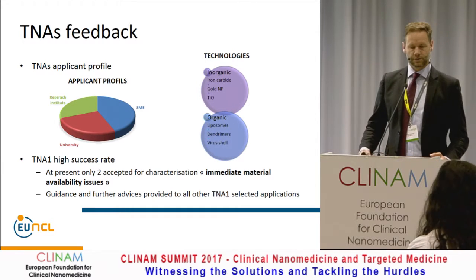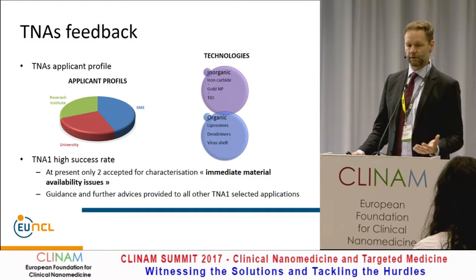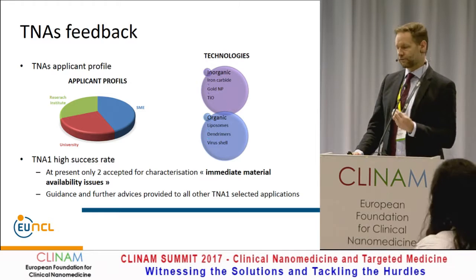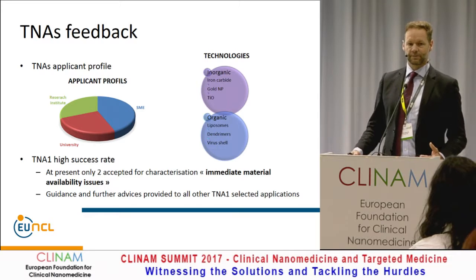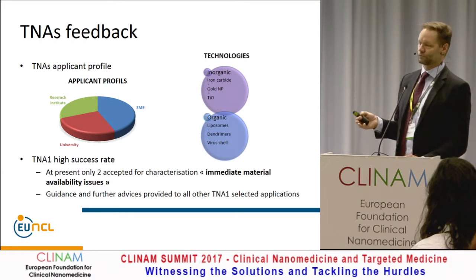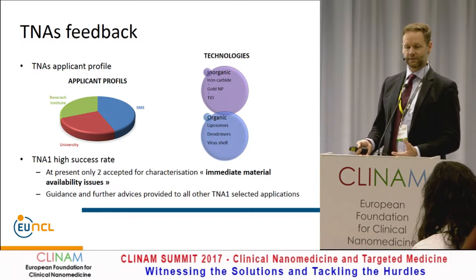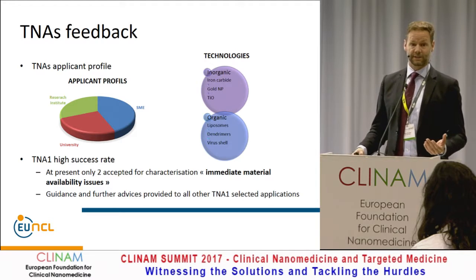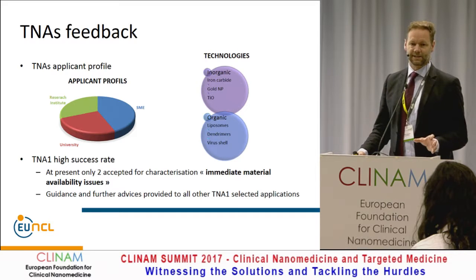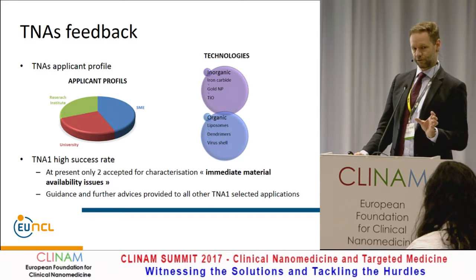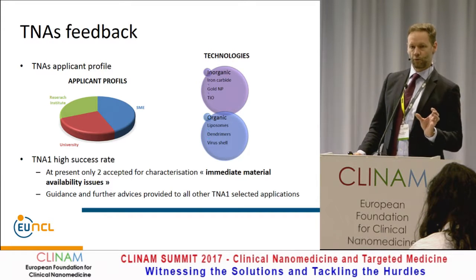There is a high success rate, generally speaking. The applicants proposed really good technologies. The applications are very good. We have a lot of data. We are missing a few points, but the most critical one is the availability of the material. We have had only 2 applicants which were accepted to go into the assay cascade among the 8 which were selected for characterization, meaning that over 8 applications accepted for full characterization, only 2 could start it because of lack of material availability, because of poor quality of material.